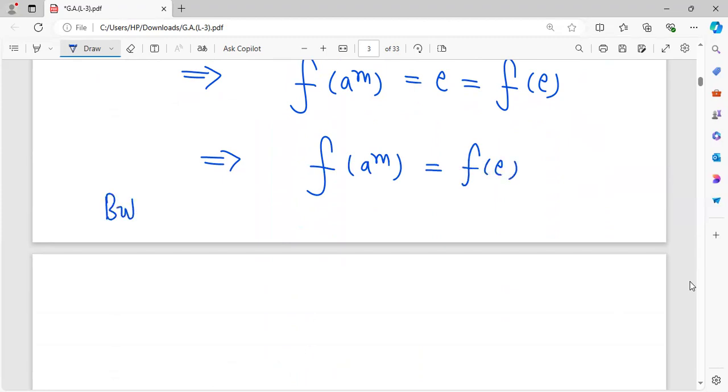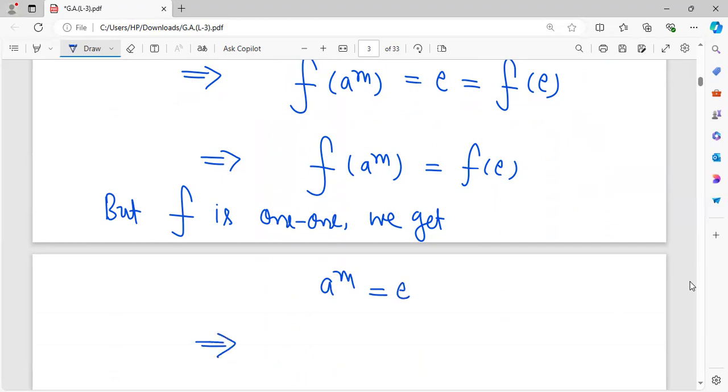But f is one-one, so the inside things will be equal. This implies the order of a^m will be greater than the order of a.